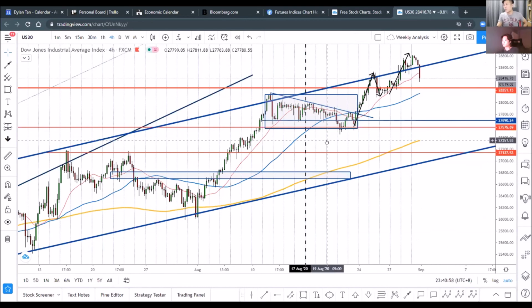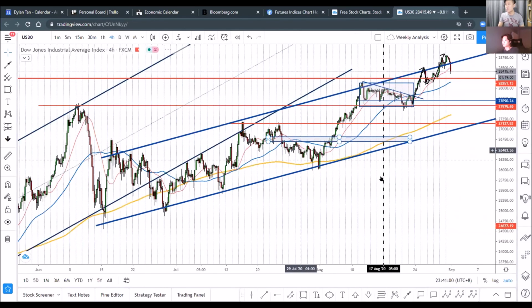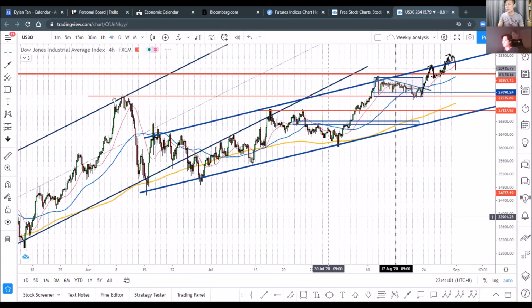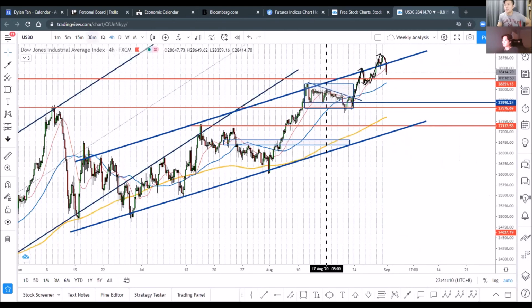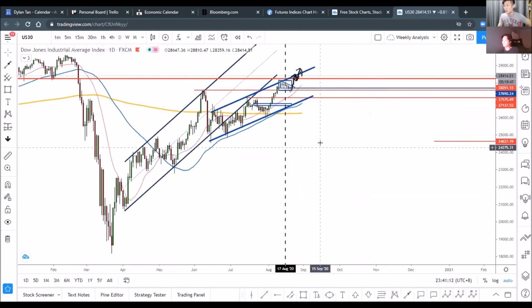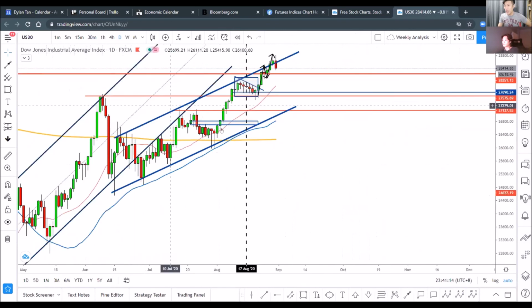I believe that there will be a pullback, a strong and significant pullback as well, like what happened during June. There was a really strong sell-off. So actually, if we go to the day charts, looking at this entire bullish trend, you can see that it has completed one wave.